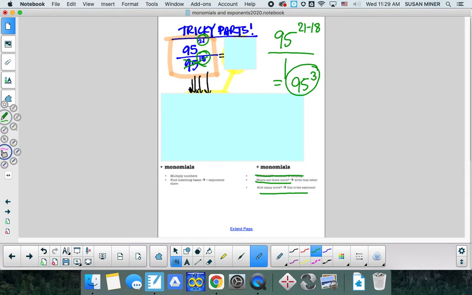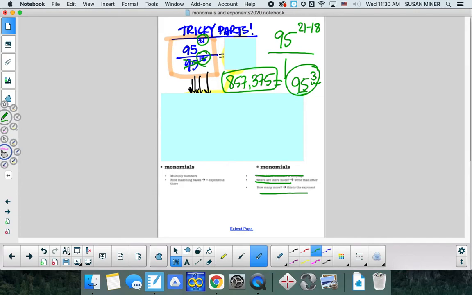That's going to be 857,375. That's a big number, right? But if I have a number as my base, I can figure out the exponent pretty easily, and I can use my calculator to help me with the simplified number and write it out as a number.